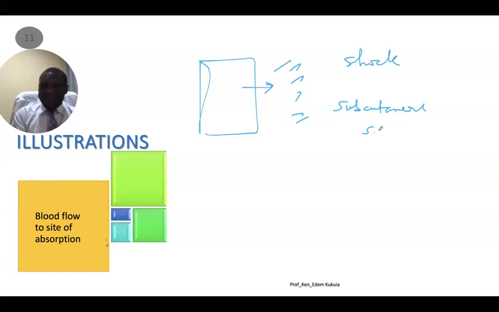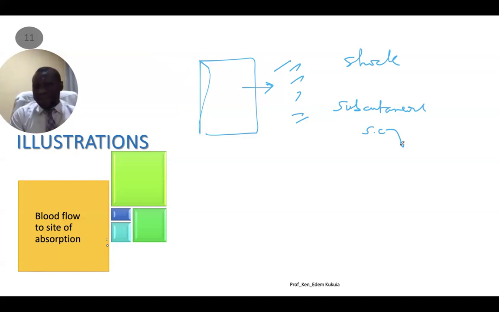Or we just write SC. Now, since we've given the drug underneath the skin, we would expect that it will cross certain barriers in order for it to get into circulation. But since blood flow to the skin in that patient with shock has reduced, it means that the drug moving into circulation would be impaired.